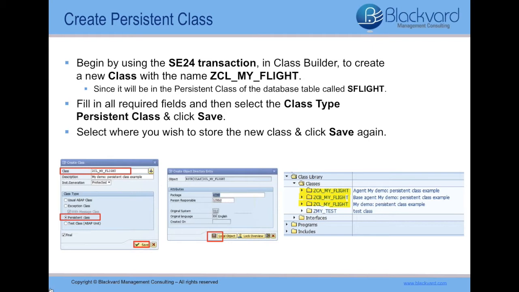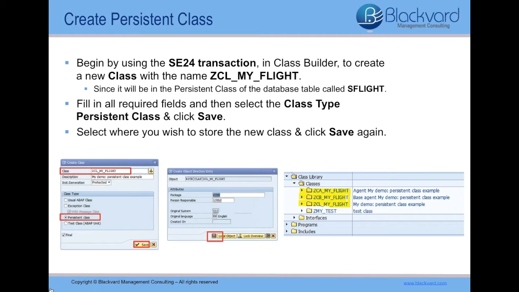Step one is we create our class. This can be done either in transaction SE24 or in SE80. You create a new class, name it, you provide a description, and then you select persistent class. Save it locally in your temporary folder.